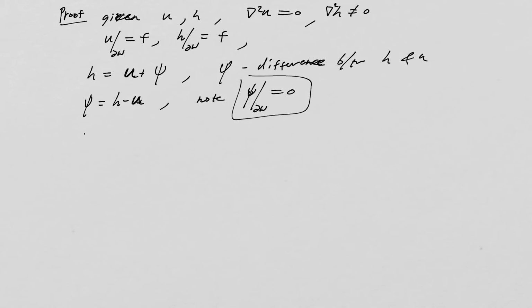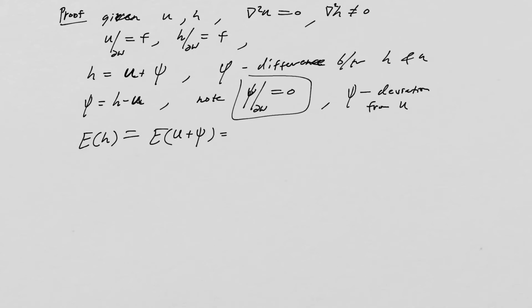All right, so this is going to be our proof right here. What we want to do now is look at E of H and figure out what its value is. But now we're going to express E of H as U plus psi. You can think of psi as a deviation from U. It's how far away H is from U, right?